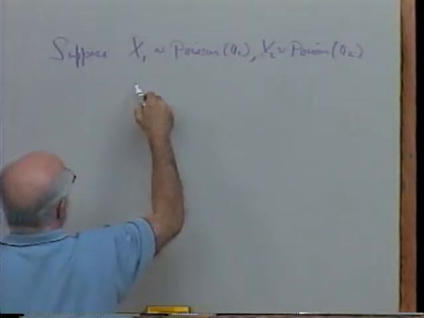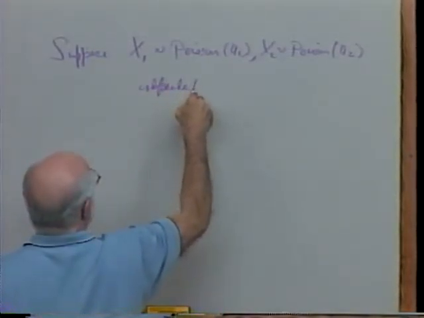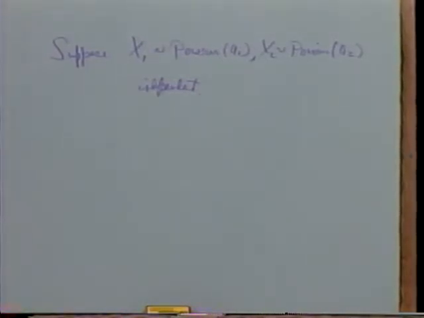And they're independent. So what I want to do is add up two independent Poisson random variables.